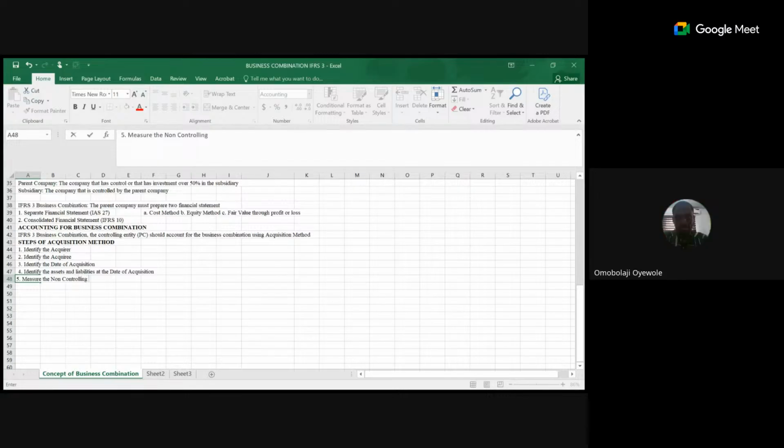Yes. So step number 5 now says measure the non-controlling interest. So I'm coming to non-controlling interest. Let's read them.